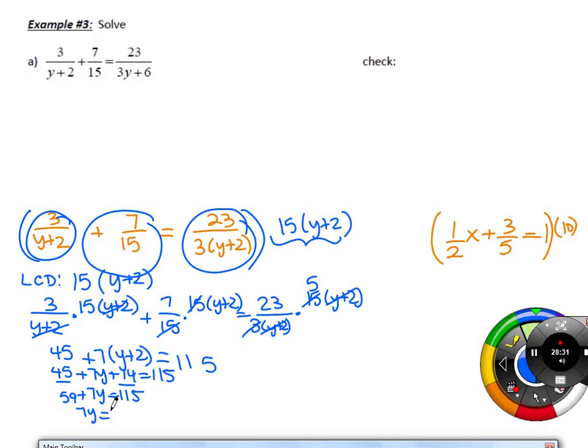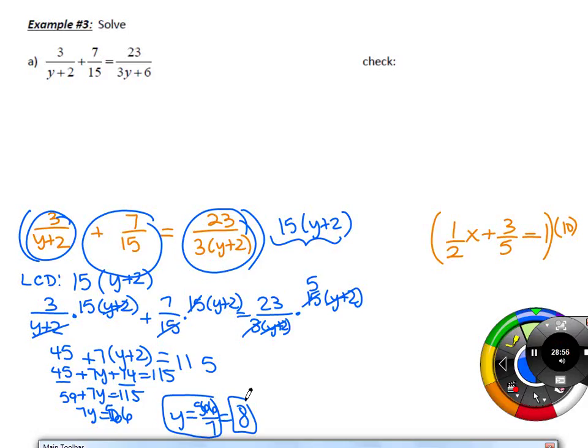Well, 70 is too big. 66, right? Okay. And then I'm going to get that y is equal to 66 over 7. It's 56. Oh, 56. Sorry. 56 over 7, which is 8. Okay, so I have an answer.